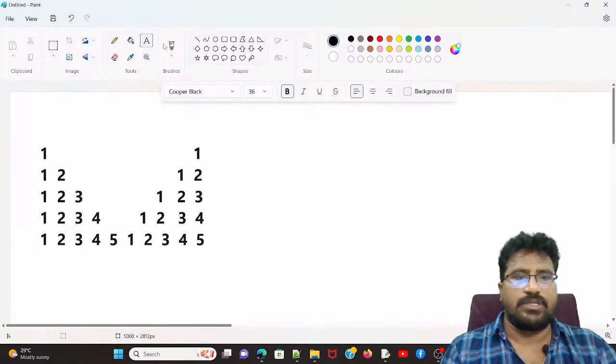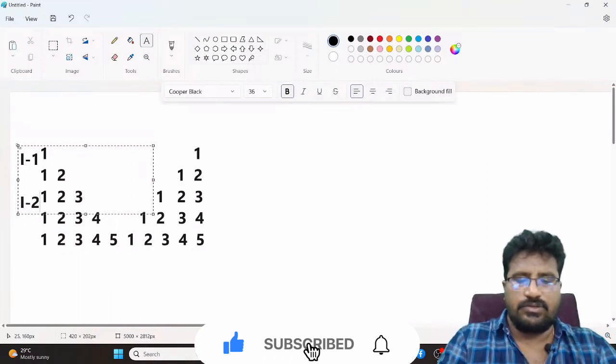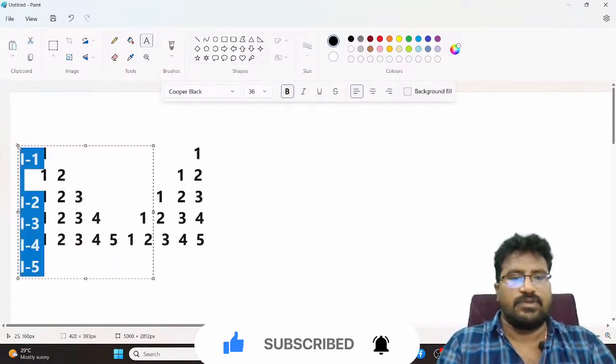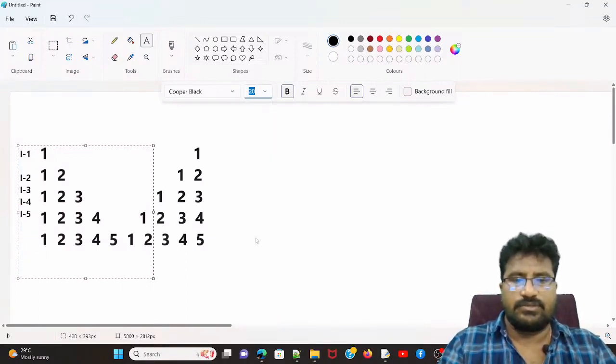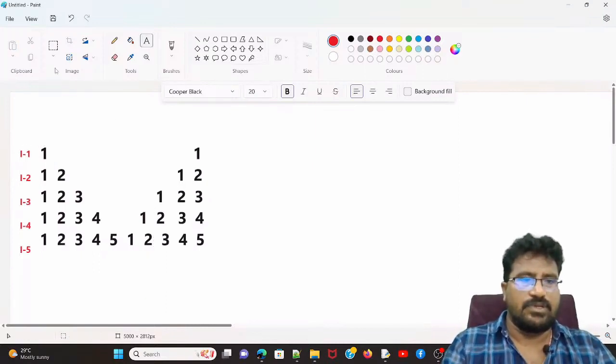Now same, I'll take the I values first of all. So I1, then I2, I3, I4, I5. I'm taking the I iterations. So this is what 2, this is what 3, 4, and 5.